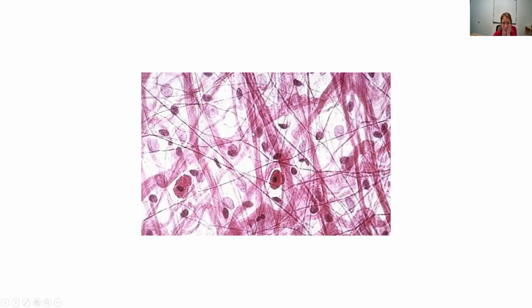This is loose connective tissue. It's areolar. You can call it loose or you can call it areolar. I think it's areolar in your lab manual, so we'll go with areolar. And I can tell because I've got a cell over here and a cell over here and cells over here, and I can see these fibers, some that are thicker and ribbon-like, which is the collagen, and some that are the thinner, which is like the elastic and the reticular fibers.